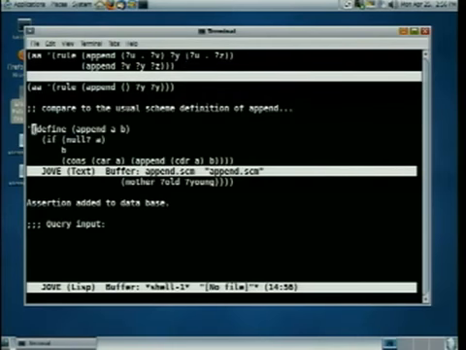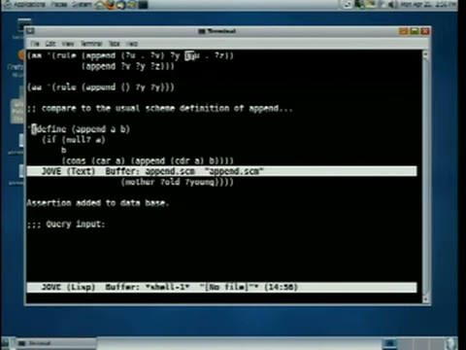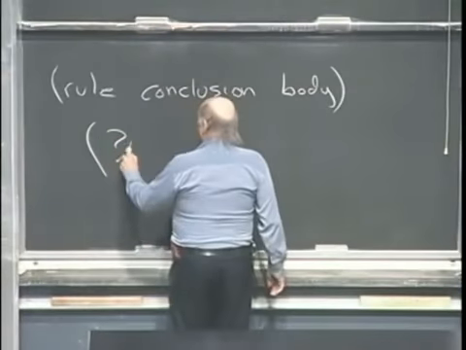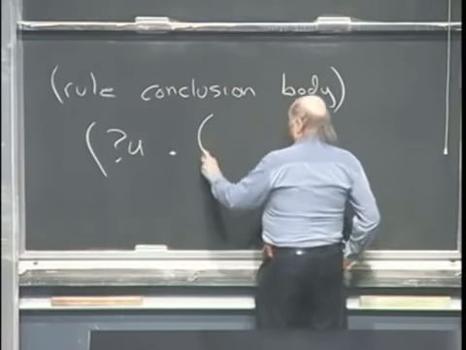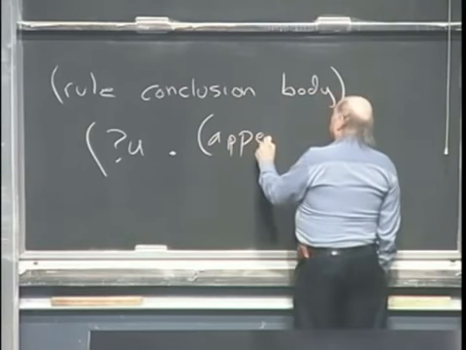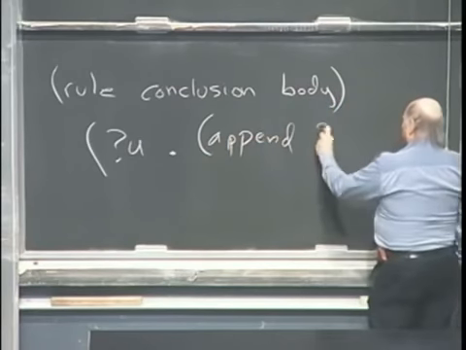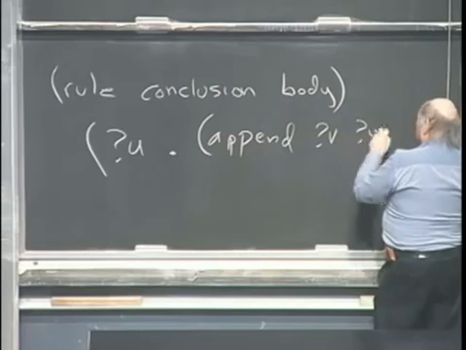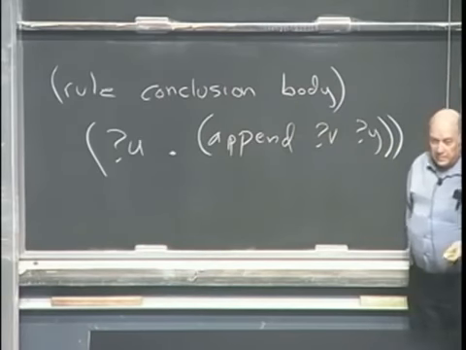And now what do we know about the result in this case? It should be a pair, because of that cons, whose car is equal to the car of A. Now, what you're going to be tempted to do, every single one of you, is going to be tempted to say something like question mark U dot append question mark V question mark Y. Right?